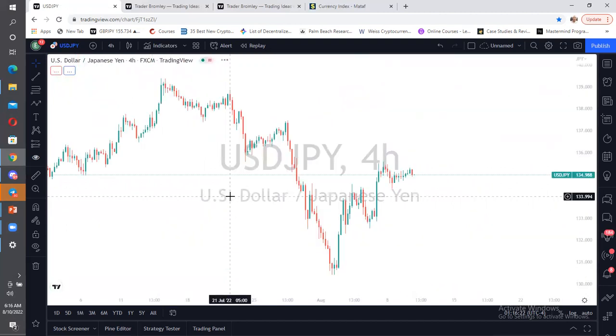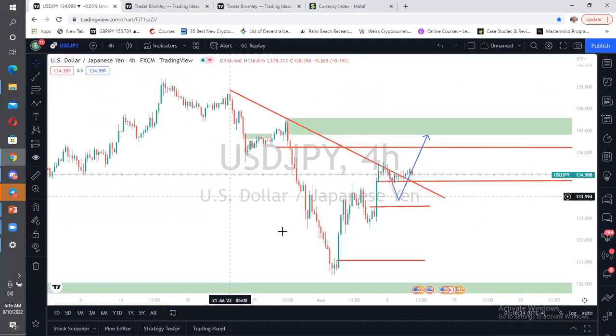Then the next one is USDJPY. USDJPY traded into this level as expected and went up, but we've not seen it taking out this particular high because we anticipated this market needs to take away this particular high. All right. Now, after trading into this zone, we want to see them trade up and come to this particular zone.